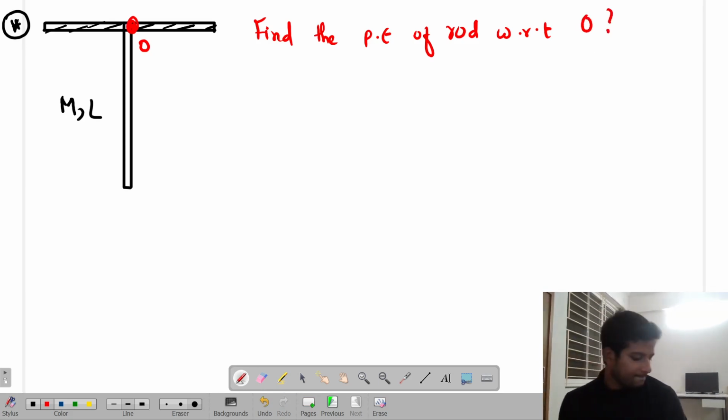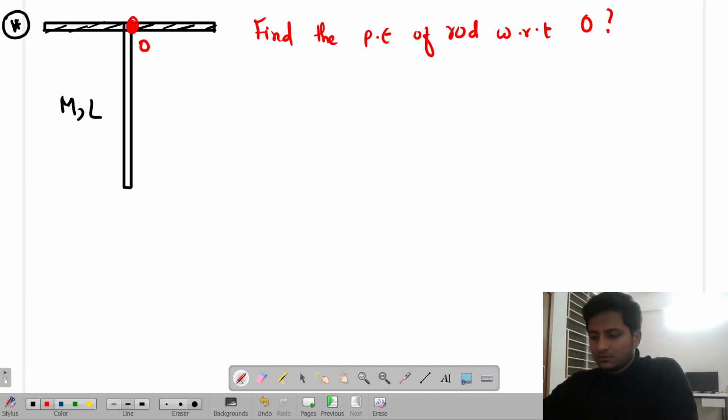बताओ. Point. Yeah. MGL. Think once again. Really think once again.